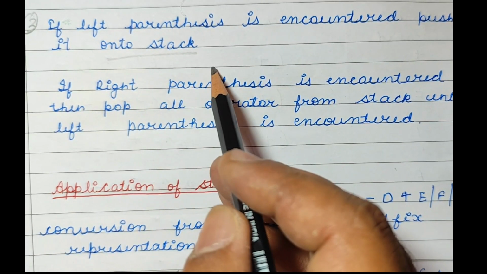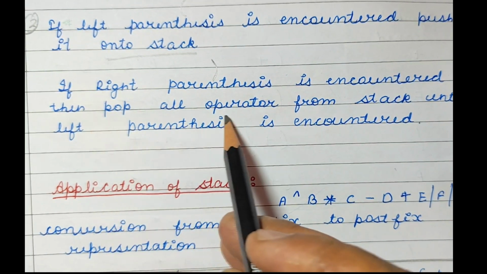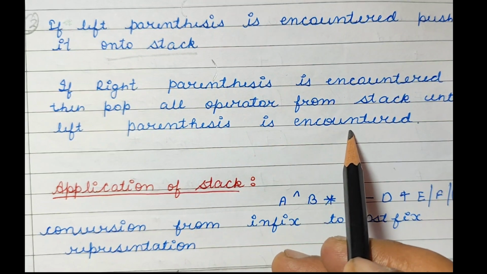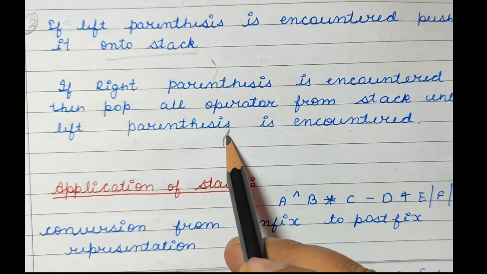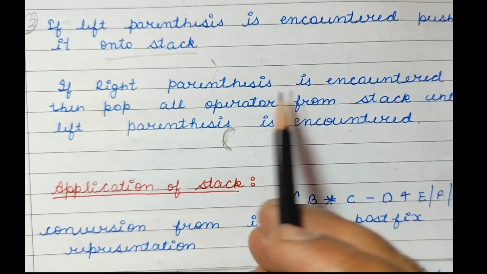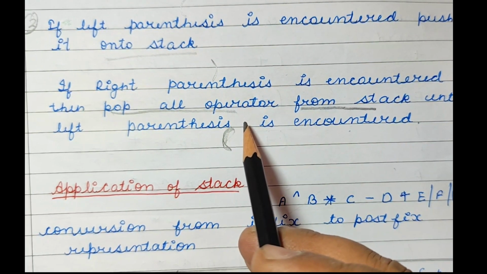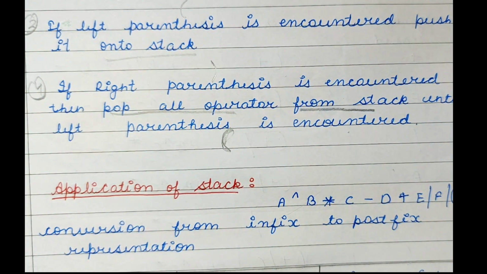And if a right parenthesis, this right parenthesis, is encountered, then pop all operators from the stack until a left parenthesis is encountered. Until this left parenthesis is encountered, we pop all the operators from the stack. Now these 4 rules we discuss one by one by example.